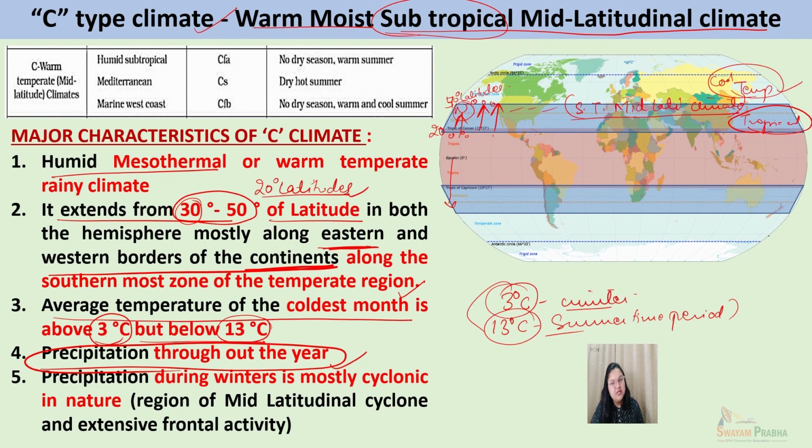These regions generally receive precipitation which is mostly cyclonic in nature, especially during the winter season, because of the mid-latitudinal cyclonic activity and extension of the frontal cyclonic activity also sometimes. So because of pressure induced cyclonic conditions in these particular areas, they receive rainfall almost throughout the year.